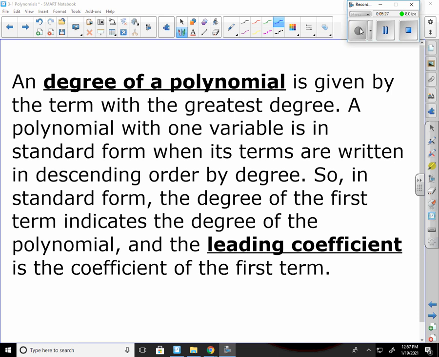So in standard form, the degree of the first term indicates the degree of the polynomial. And the leading coefficient is just the coefficient of the first term. So we're going to put it in order from degree, from highest to lowest. And the degree of our polynomial is the highest degree. And our leading coefficient is the number that's in front of it.